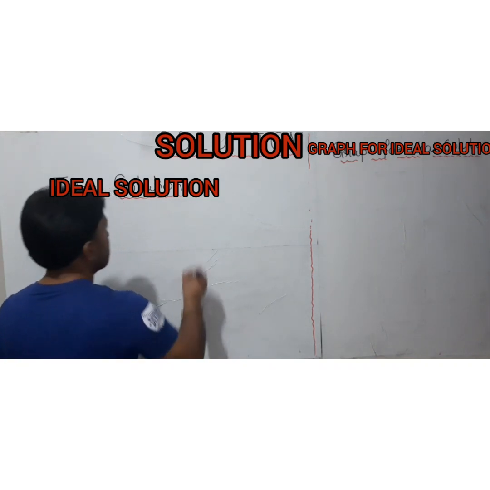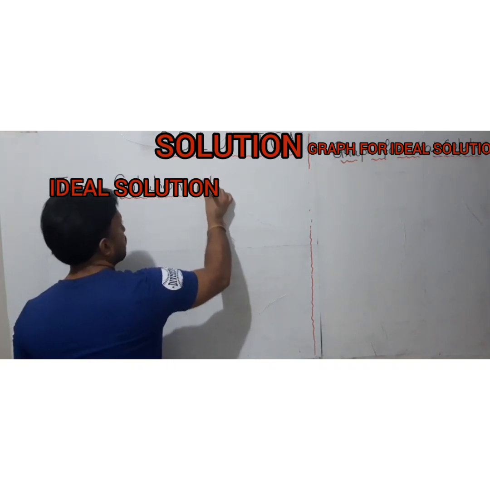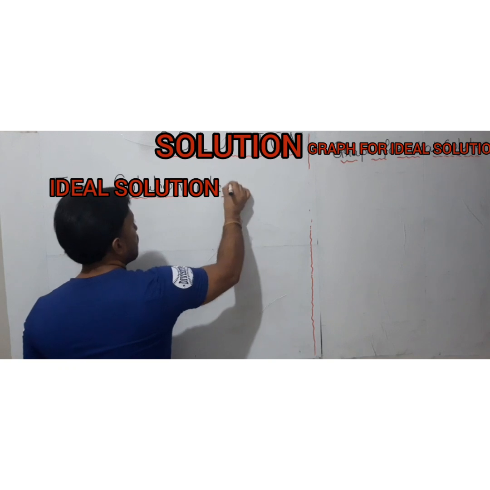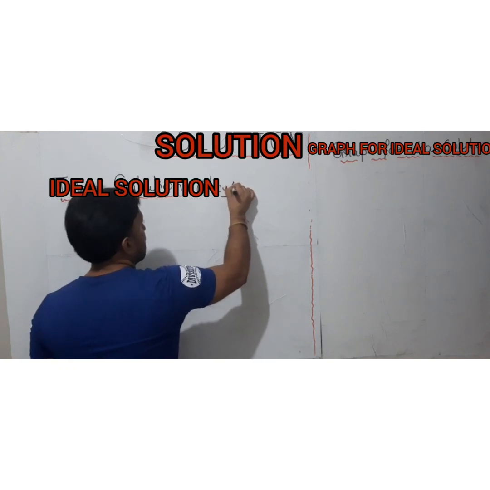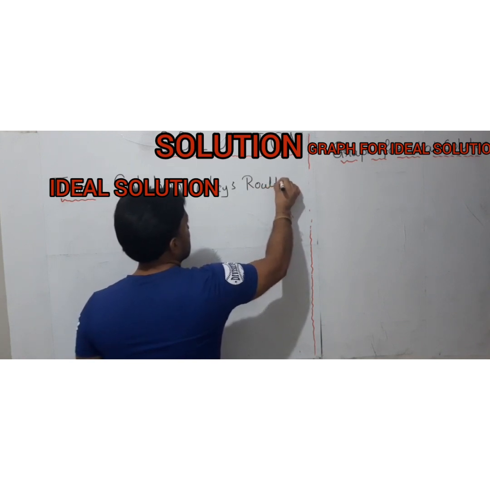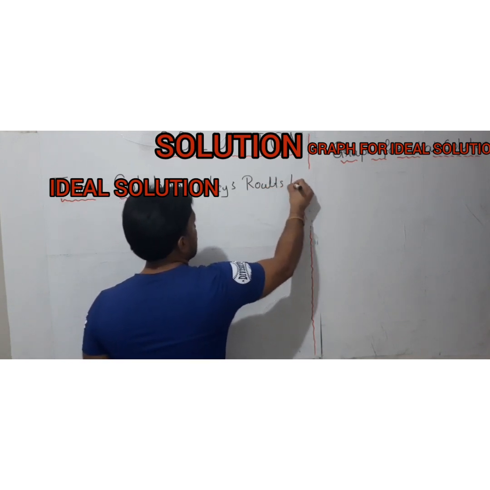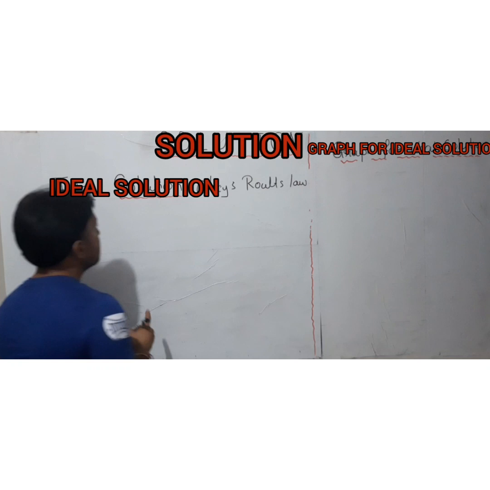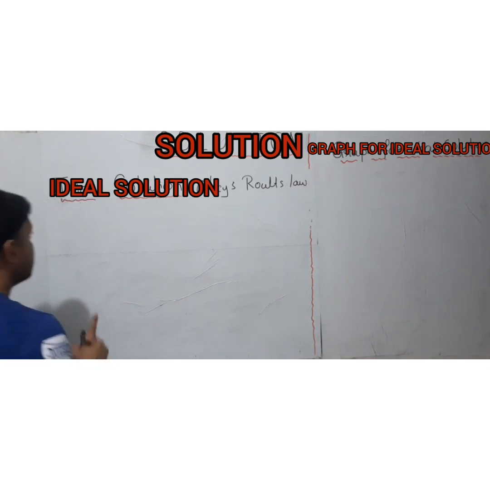One basic thing is that an ideal solution is a type of solution which totally obeys Raoult's law. The solution which totally obeys Raoult's law is an ideal solution. Basically, what are the properties of this ideal solution that we need to see?